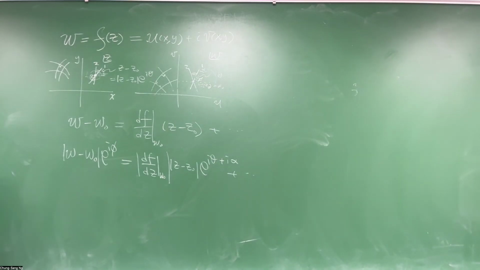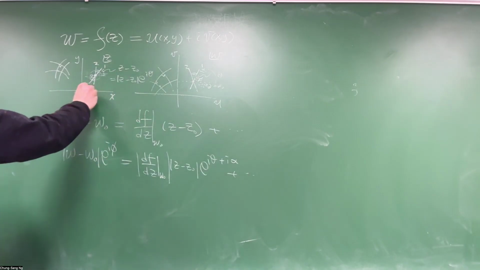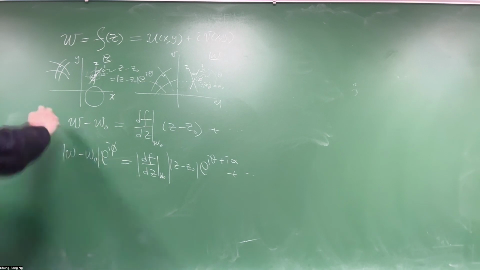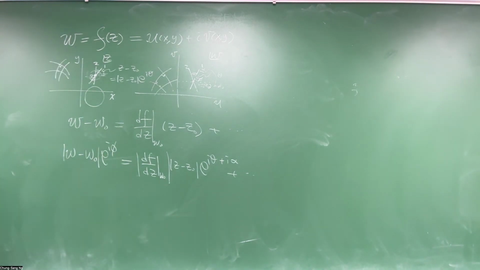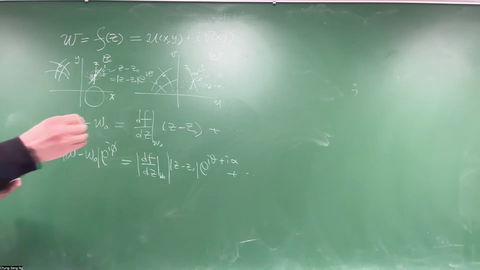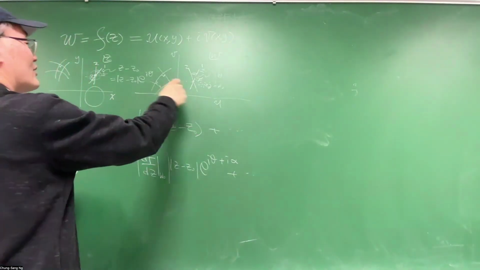Sometimes we'll use a mapping or function f that has a singularity, which is sometimes important because the next application we talk about is that sometimes we want to map a more complicated curve to a simpler curve. Like in this case, if you want to map an oval or whatever closed curve, you want to simplify it on another plane, say map it to a straight line, which is in many cases possible.